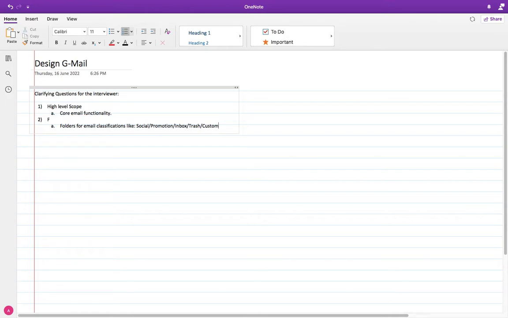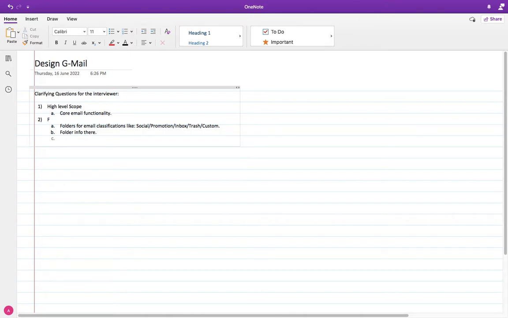So you can classify your emails into various folders. You also see folder specific information. Let's say for the promotions folder, how many total emails are there, how many emails are unread. So you're also seeing folder info there.